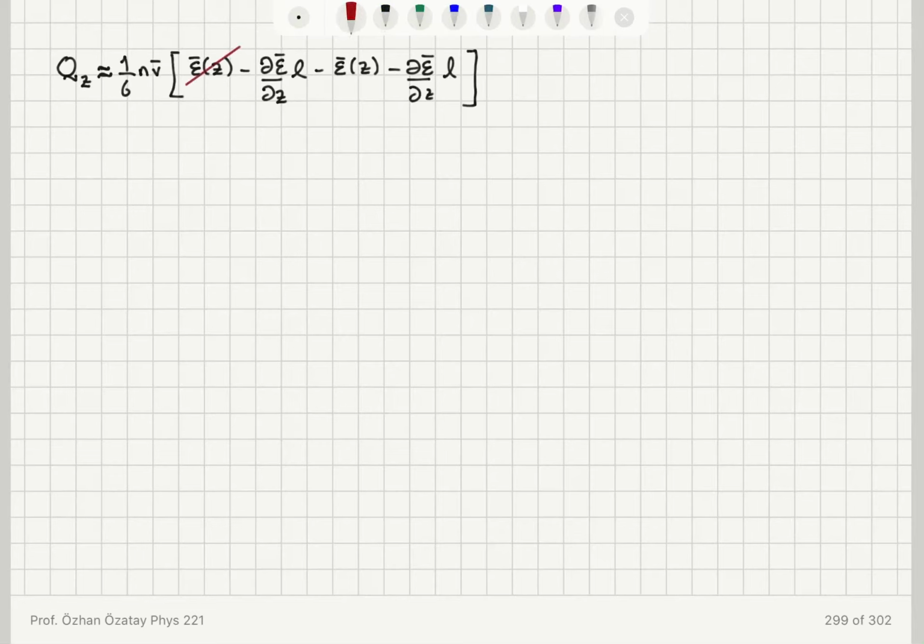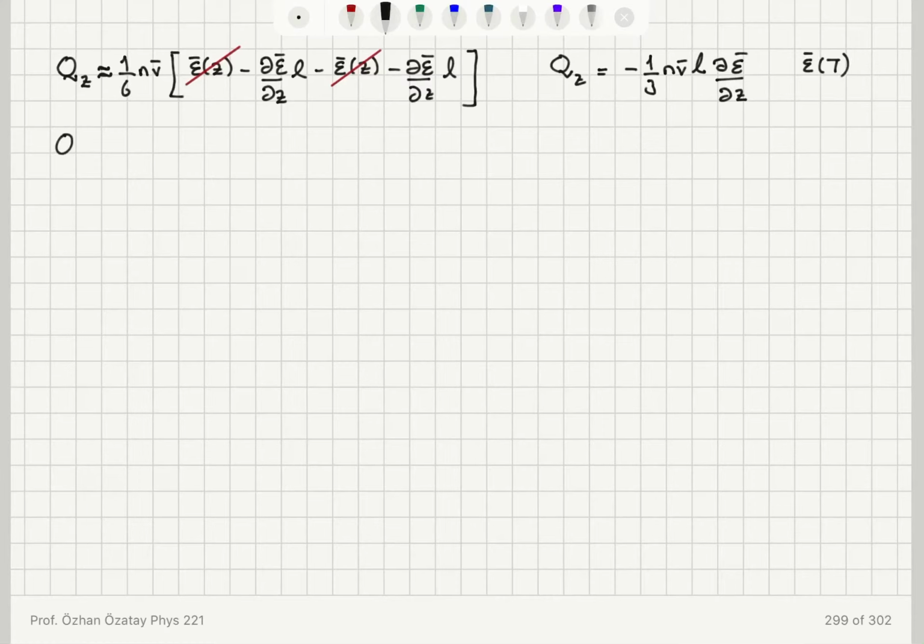So we see that these mean energies at z cancel, so that the heat flux is minus 1 over 3 n v bar L del epsilon bar del z. And now we can basically look at the derivative with respect to temperature. So epsilon bar is a function of temperature.